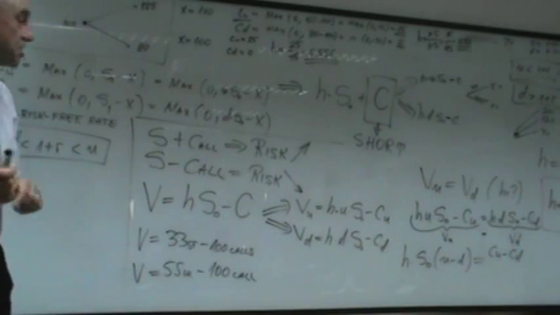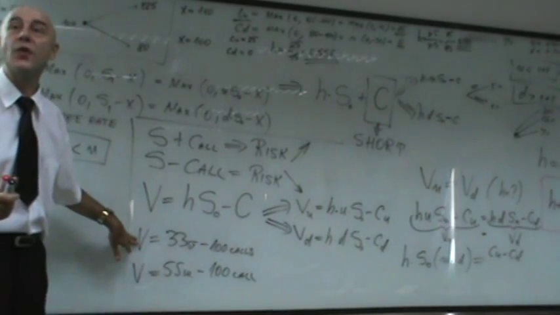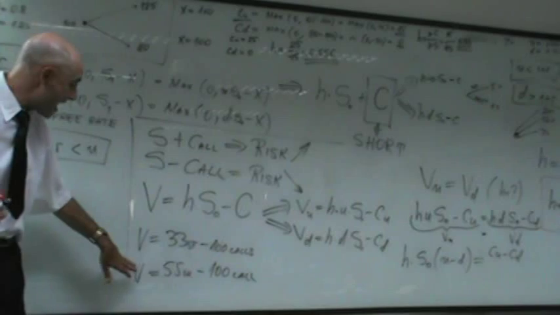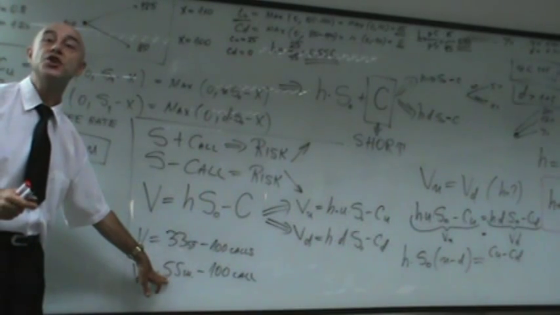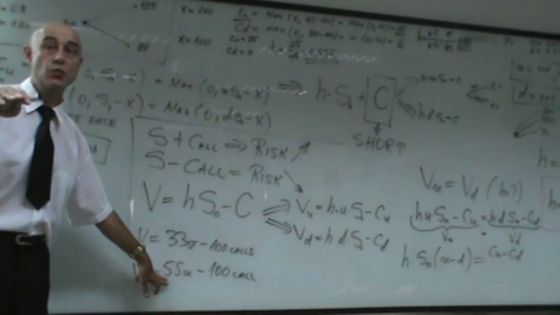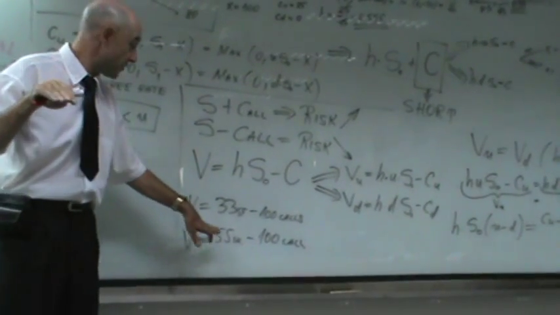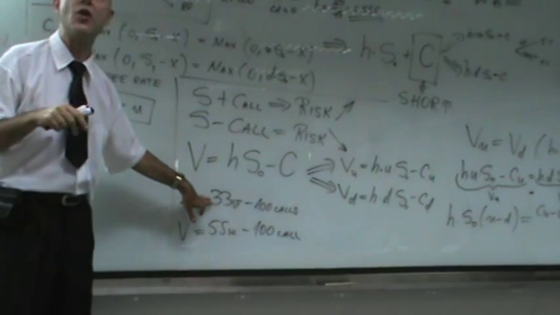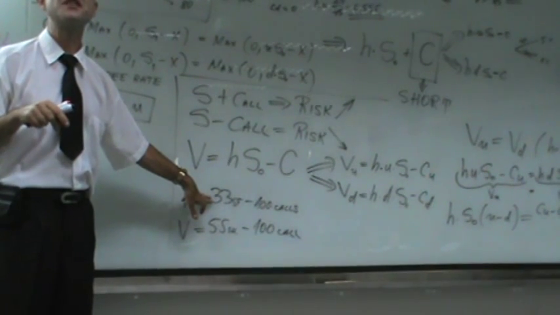You see? So your hedge portfolio will have 55 shares if your strike is 100. But if your strike is 110, you're going to have only 33.